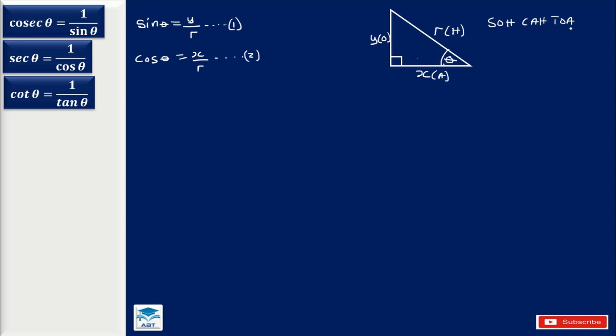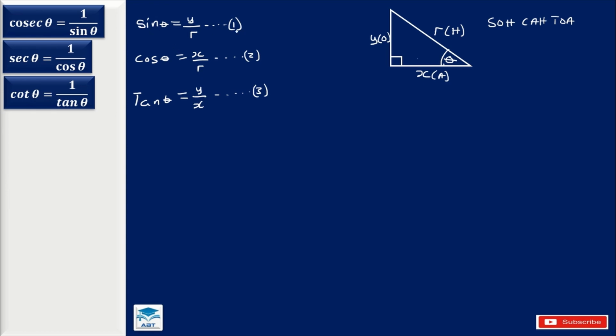And from TOA, it means tan theta is equal to opposite over adjacent. So we have tan theta is equal to the opposite, which is y, divided by the adjacent, which is x. This is equation number 3.